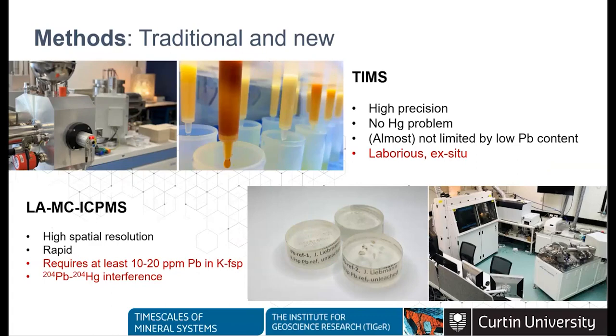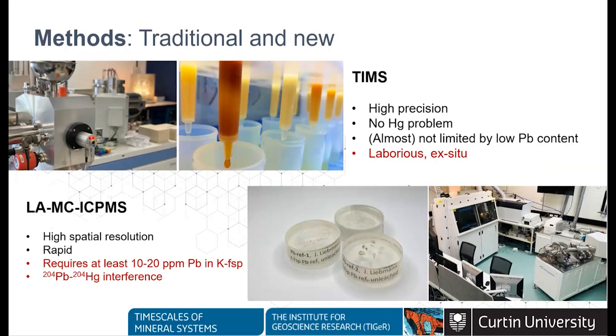It's relatively easy to prepare grain mounts from K-feldspar, so we can do that in situ. In addition, K-feldspar is a prevalent mineral in felsic rocks, making it very attractive for lead isotope studies, especially for large-scale projects like the mapping projects I mentioned earlier.